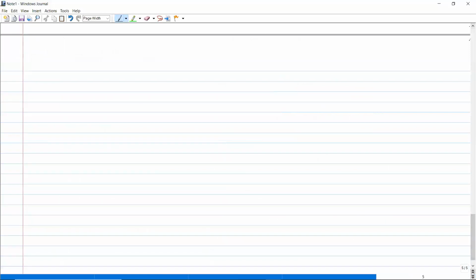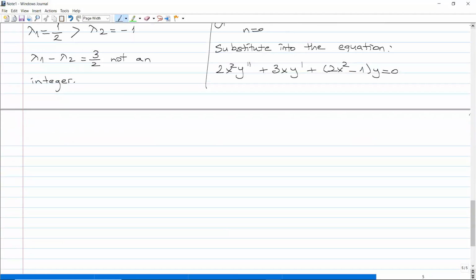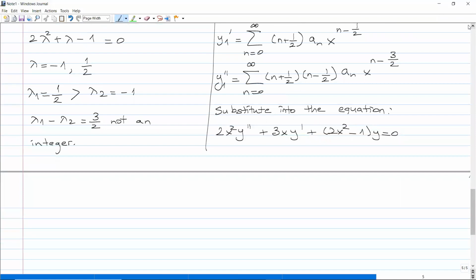So let's substitute. The second derivative here, we multiply with 2x squared.